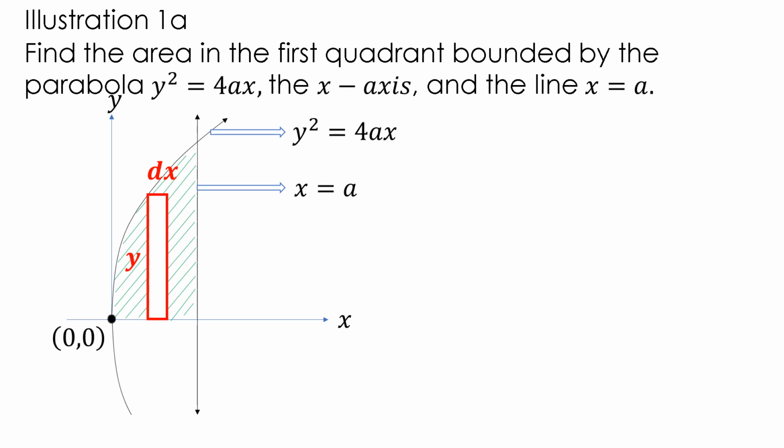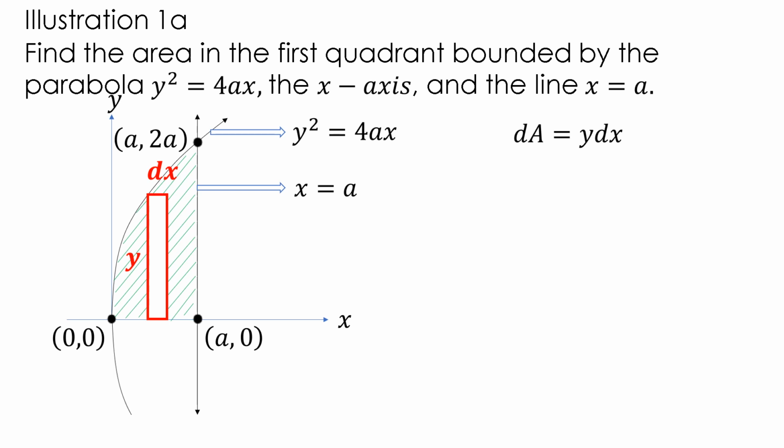The origin is the vertex of the parabola at 0, 0. Another point is at a, 0 and another point of intersection is at a and 2a. To solve the differential area, this is equivalent to y dx.